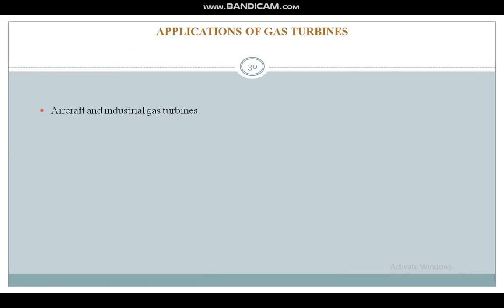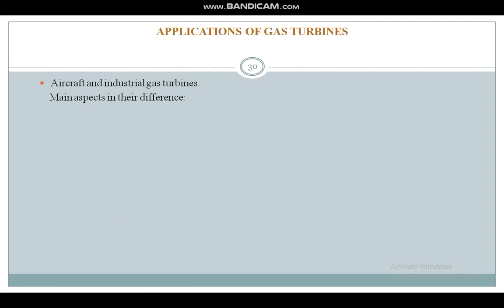The applications we discussed of gas turbines are mainly in aircraft and industrial turbines. Three aspects: the size and weight of the aircraft power plant are very crucial compared to industrial units.